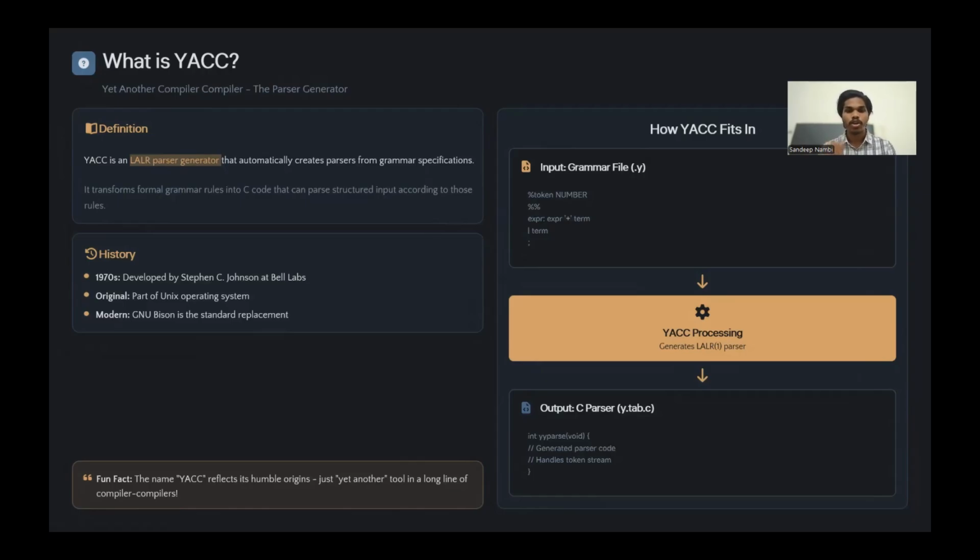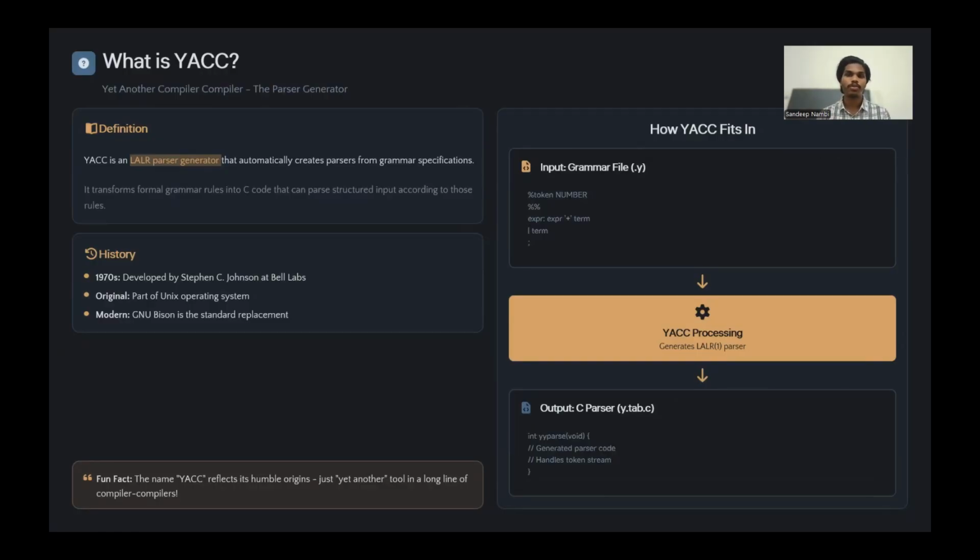YACC was developed by Stephen C. Johnson at Bell Labs, and it originated as a part of the Unix operating system. In the modern world, GNU Bison is the standard replacement for it. A fun fact: the name YACC reflects its humble origins, that is, it was just yet another tool in a long line of compilers being developed at that time.